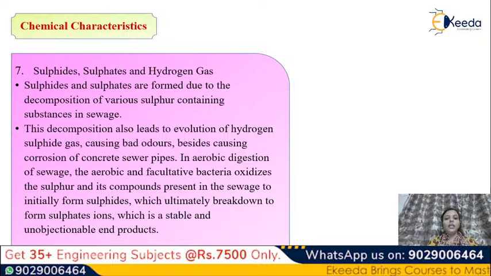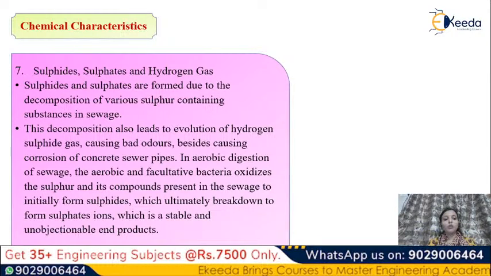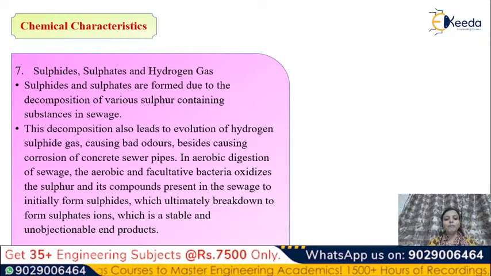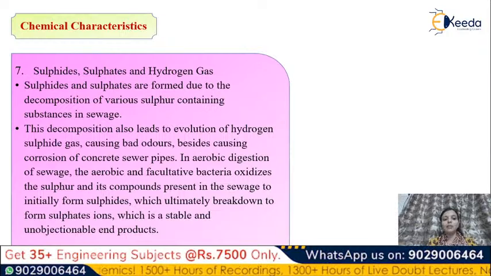In aerobic digestion of sewage, aerobic and facultative bacteria oxidize the sulfur and its compounds present in sewage to initially form sulfide, which ultimately breaks down to form sulfate ions, a stable and unobjectionable end product. Similar to nitrification and denitrification, sulfide has a stabilized form, sulfate.